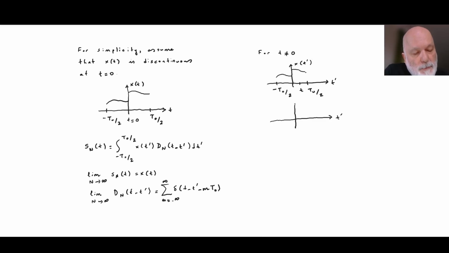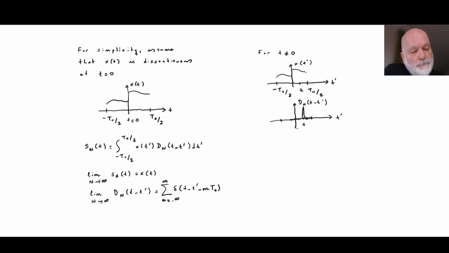And this is t prime and Dn of t minus t prime. So at t, we are going to have a main lobe with a large magnitude, and we will have smaller side lobes. So, at t, we have the main lobe.